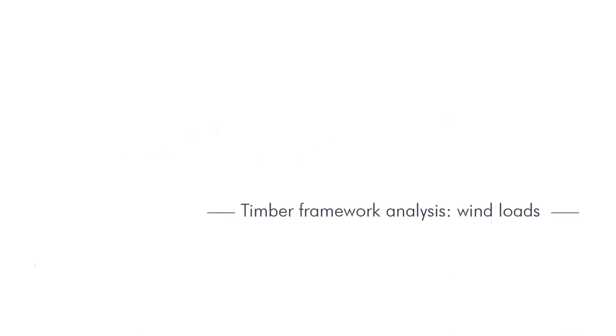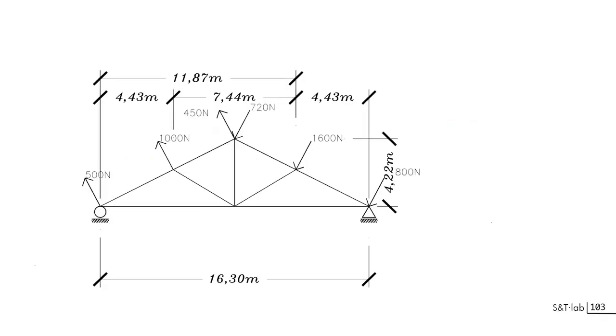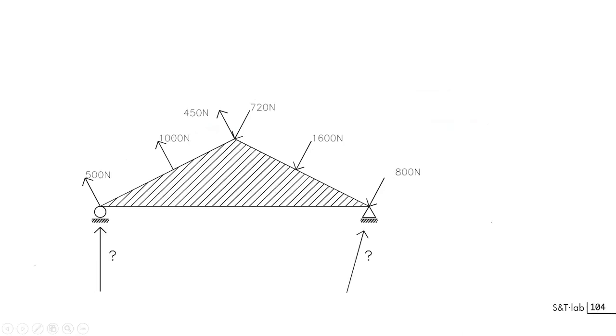For instance, for wind forces applied to a system, you will have to take into account forces that are applied perpendicular to the faces of the roof. And in this case, you will have to consider what will be the reaction force. Indeed, what we know with graphic statics will give you some tools to assess what would be the reaction force.